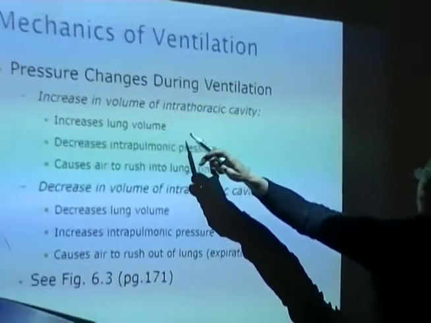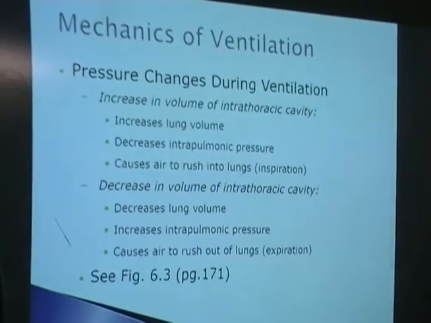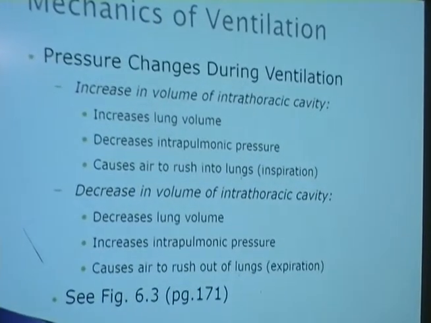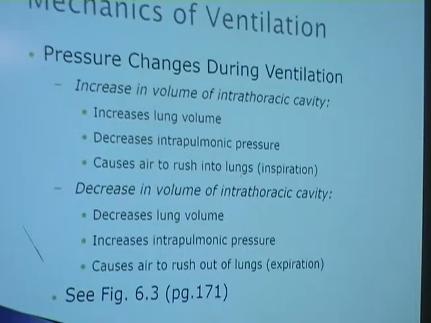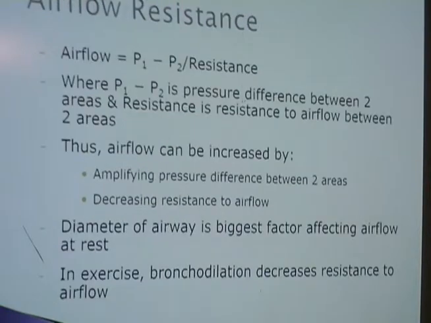How do I do that? We have to use the diaphragm. That's the most important respiratory muscle to expand the lungs and decrease the pressure. But the air rushing in, the change in the pressure is the thing that causes the air to rush in. And there's some nice figures in the book to help you out with that.